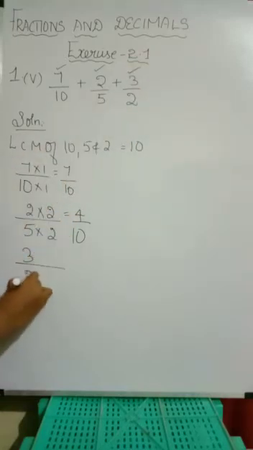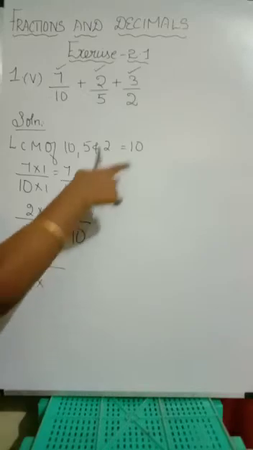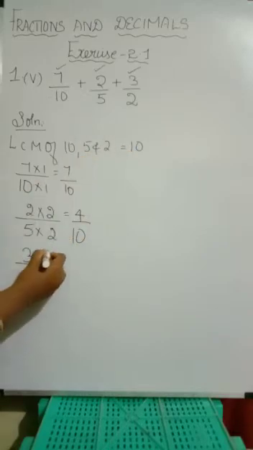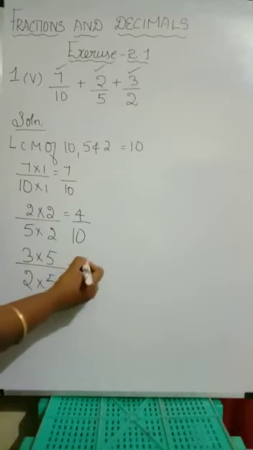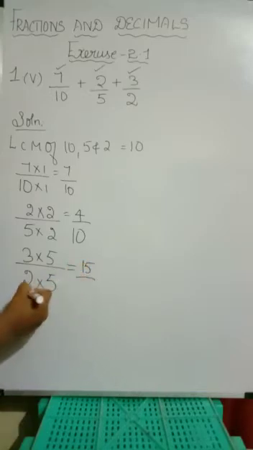3 by 2. Same procedure. Which number is possible to get the denominator same as 10 here? Multiply both numerator and denominator by 5. 3 into 5 is 15. 2 into 5 is 10. Clear?